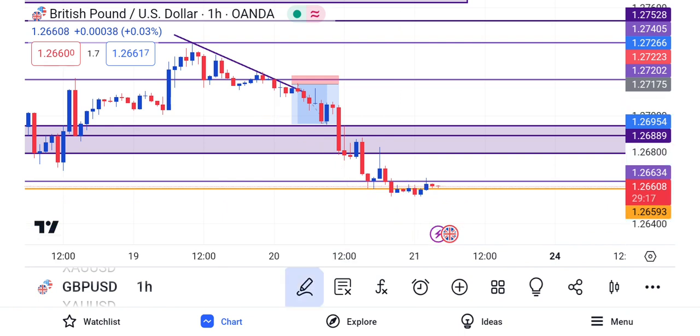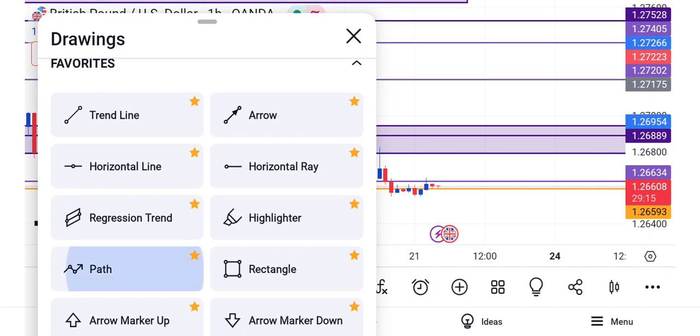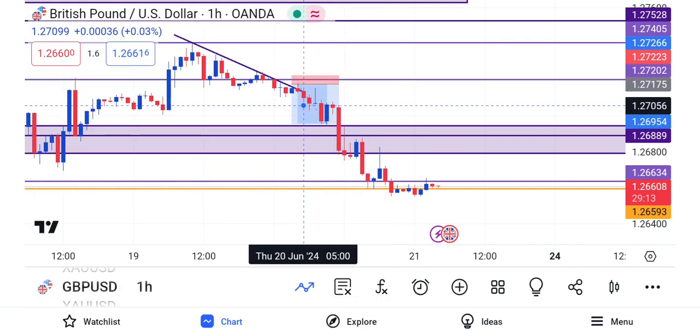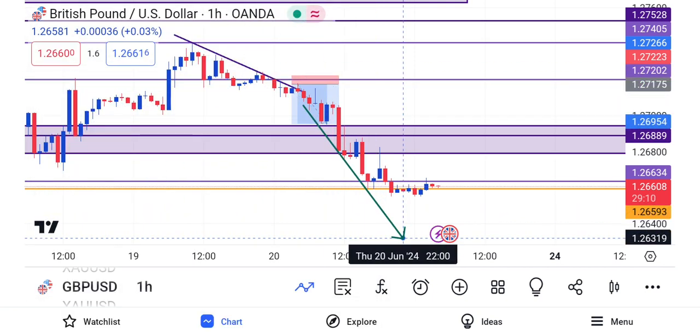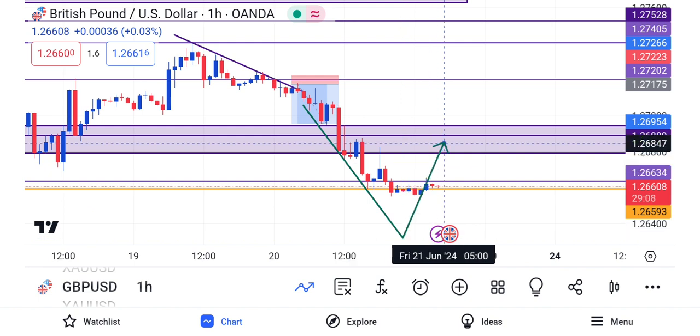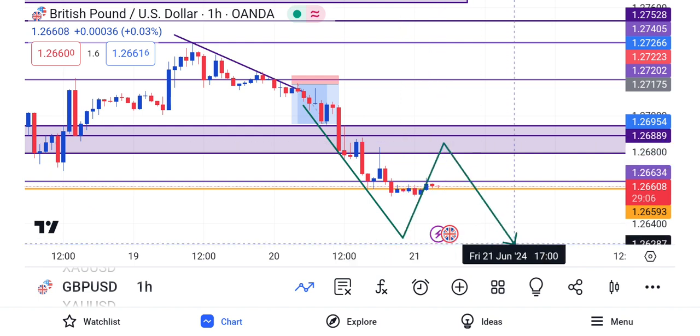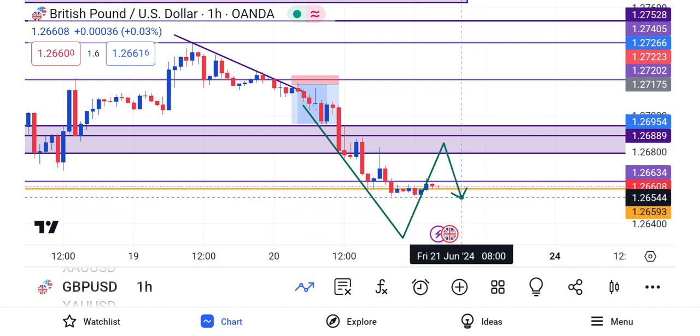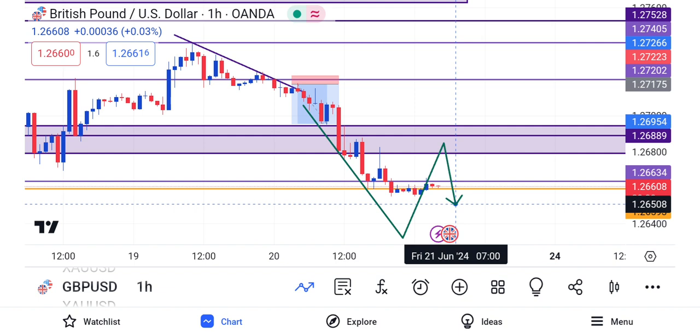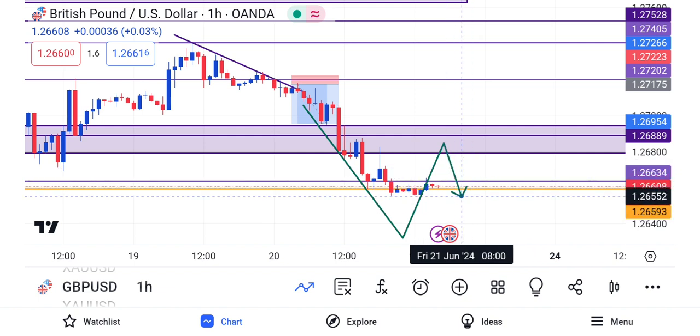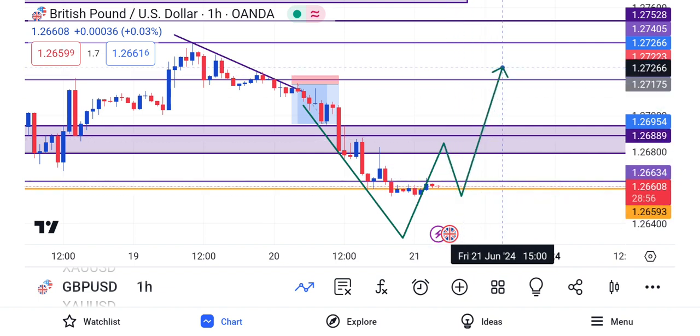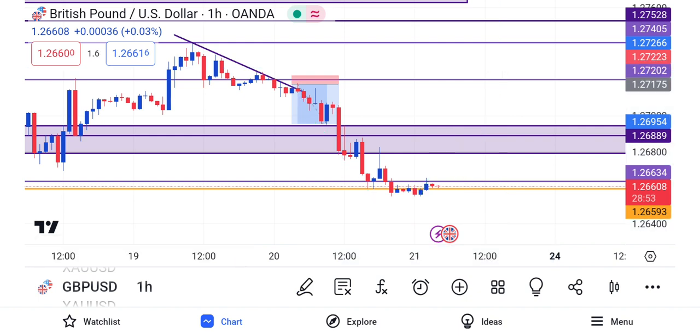Immediately after we had that impulse drop, I see a retest, then probably we can continue dropping, or price can just fake out here and push up. That's how it is.